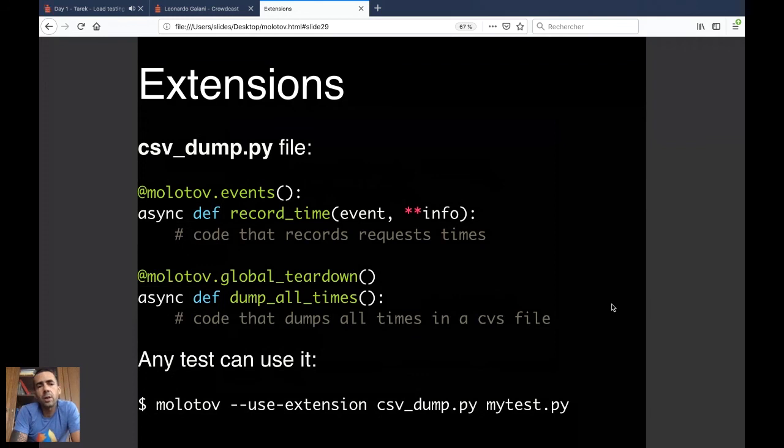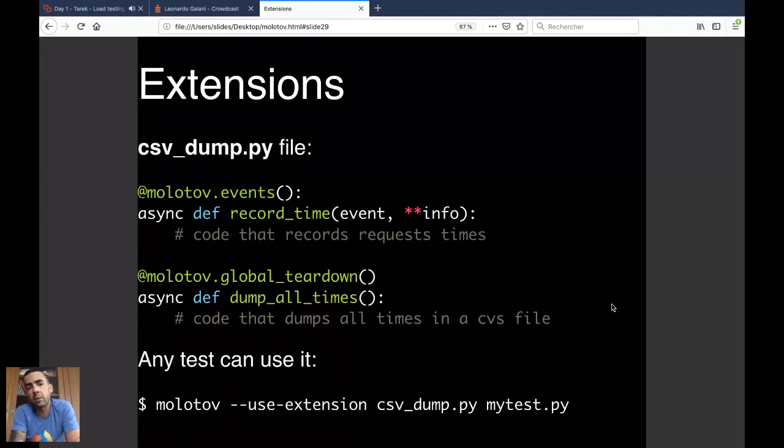And we also have the notion of extensions. For example, if you create a Python file that contains a few Molotov decorators that are doing some stuff when an event occurs in Molotov, or when there is a teardown or a setup happening, you can group all that work in a single Python file and then use it as an extension against another file.